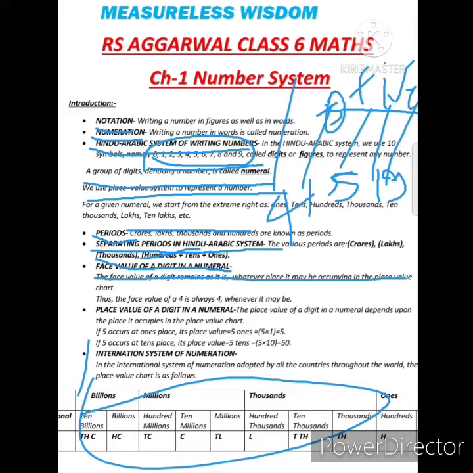It means that the number may occupy any place in the chart, but its value will remain the same. Thus the face value of a 4 is always 4, wherever it may be.